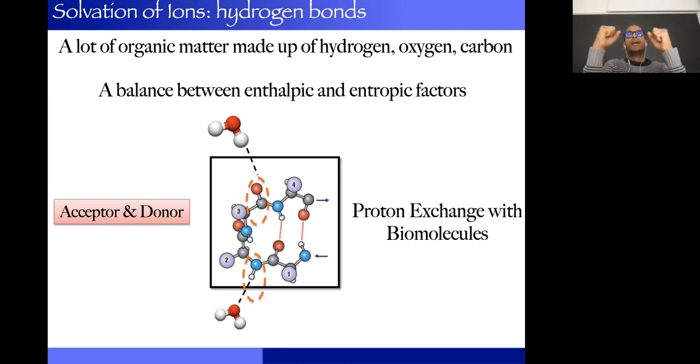A protein polymer is unfolded and then it collapses into something that's a folded structure. If a protein has a stable three-dimensional structure, then its folded state is lower in free energy than its unfolded state.